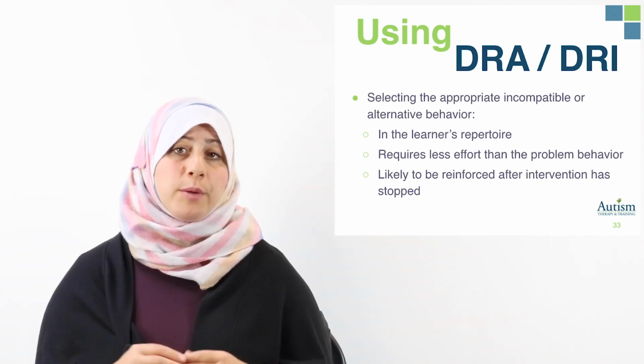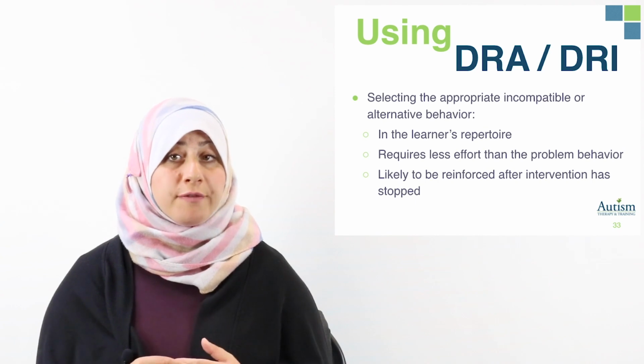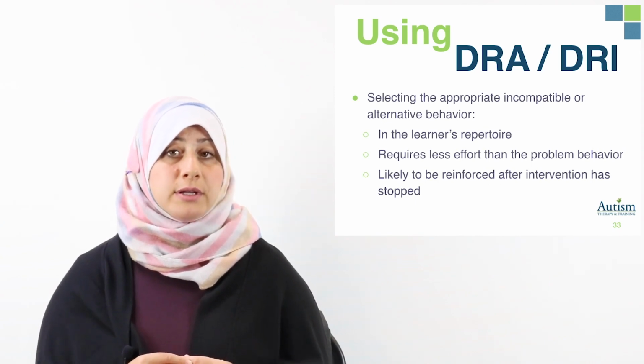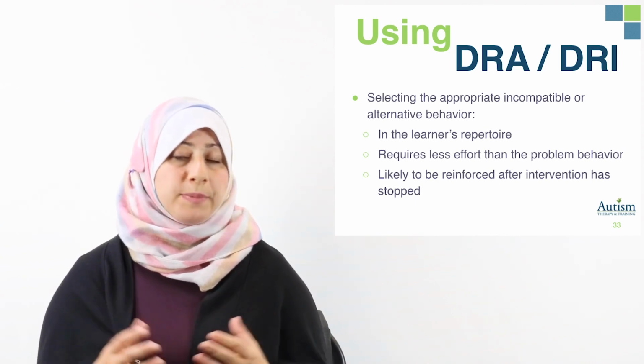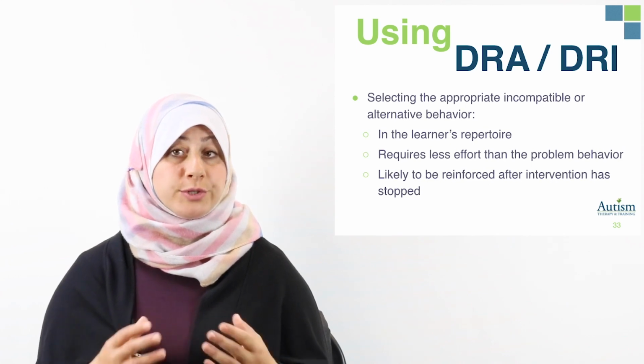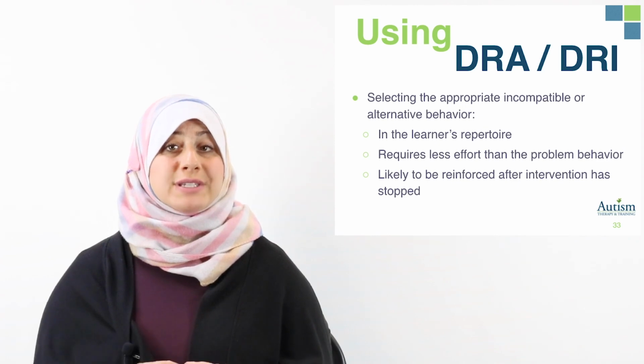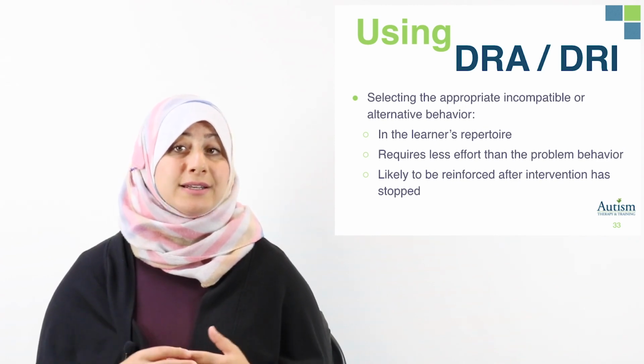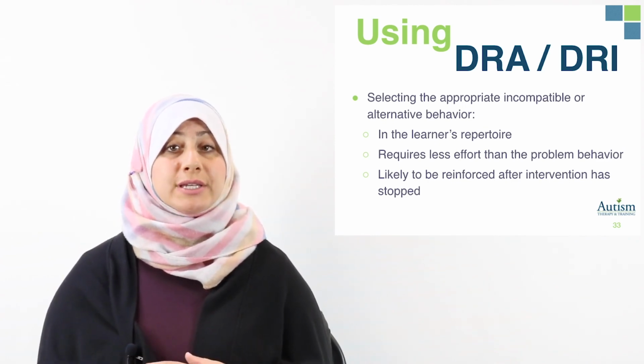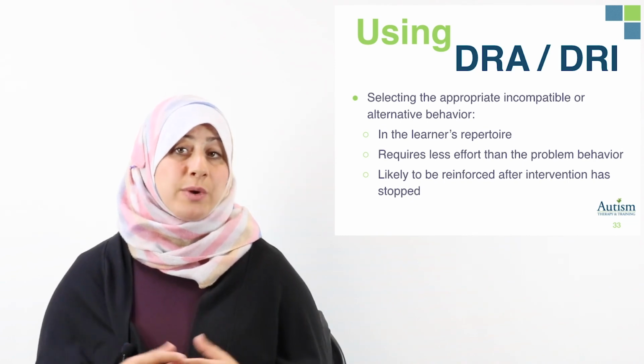Also, if the problem behavior is reinforced more often than the desirable behavior, the new desired behavior will not be strengthened. So it's important when a new behavior is being reinforced that it is reinforced in all environments and the behavior we're trying to decrease is not reinforced anywhere else.